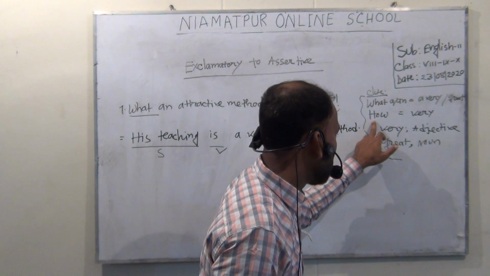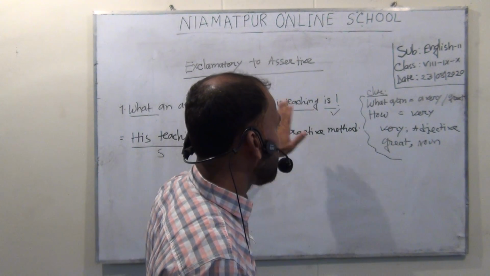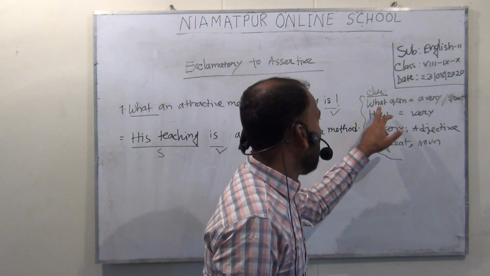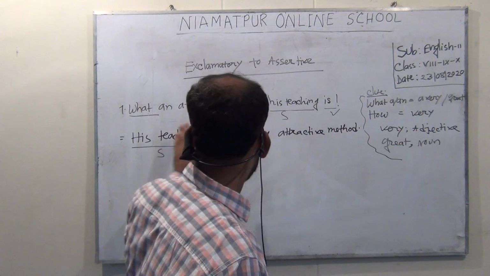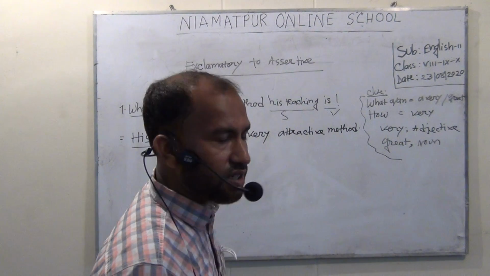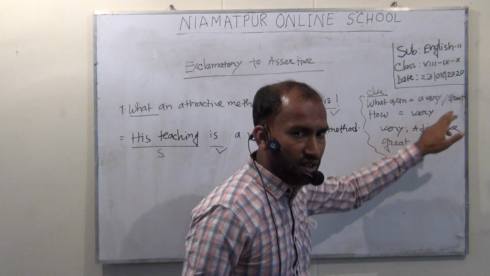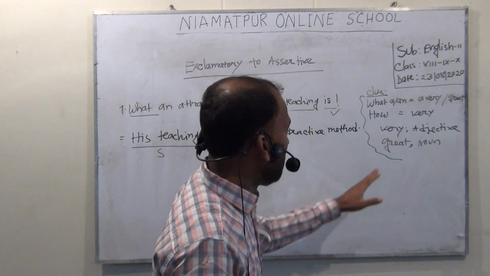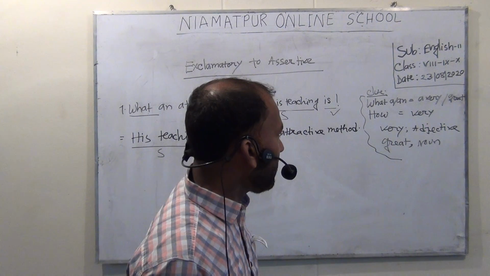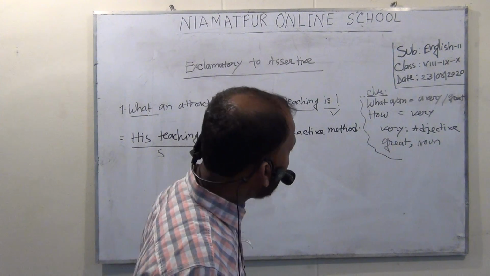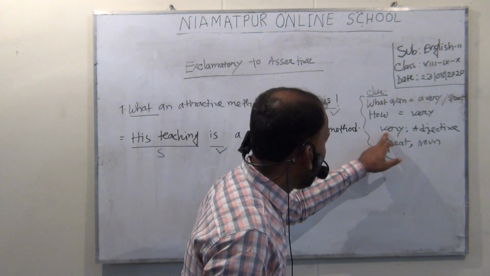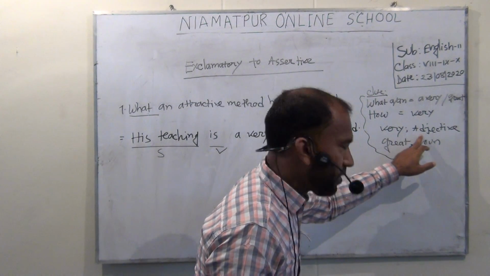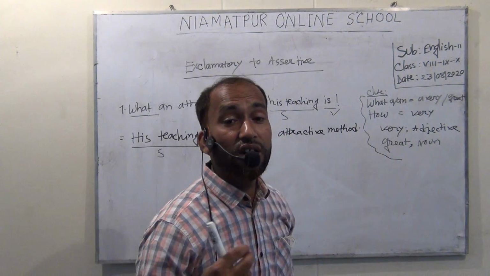How is used to make an exclamatory sentence, and very is used to make an assertive sentence. You should bear in mind that very is used for adjective and great is used for noun.